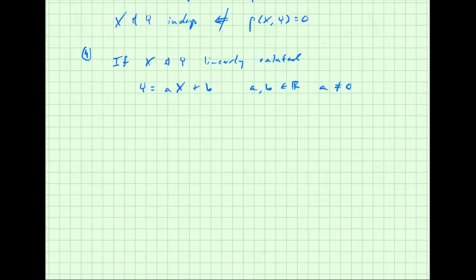So if that's true, then the following: rho of x comma y is equal to, sometimes you write this as the signum, sgn, of a.